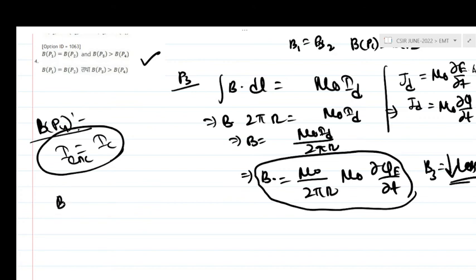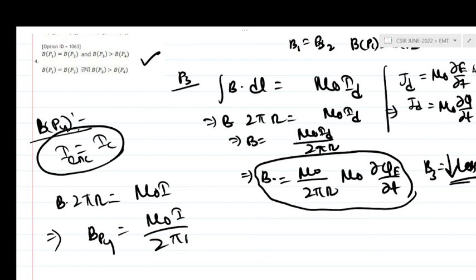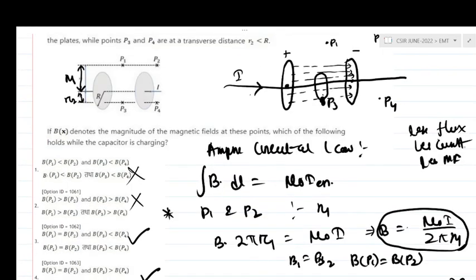So B times 2 pi r is equal to mu naught I, the conduction current being the I enclosed. So the magnetic field at P4 is equal to mu naught I divided by 2 pi r, as both are at the same distance from the central axis of the capacitor. So the magnetic field at point P4 is greater as compared to P3.